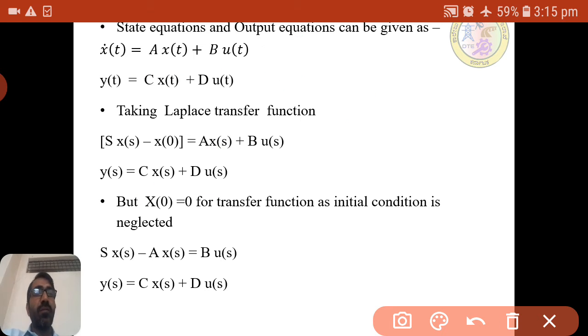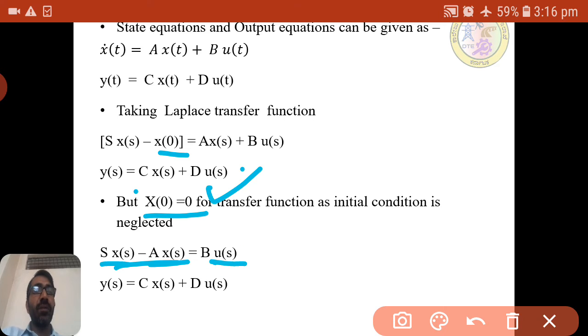Now if we take x of 0 equal to 0 as the initial condition, then s into X of s minus A into X of s, with the A term moved to the left-hand side, equals B into U of s.